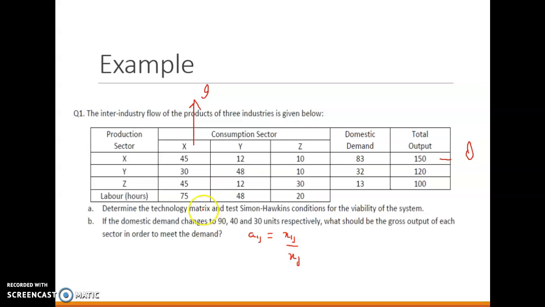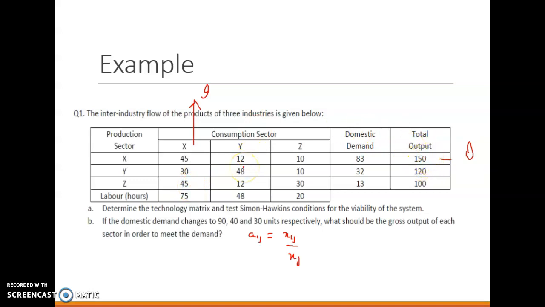So to calculate the A11 element, it is X11 divided by X1, that is 45 divided by 150. Similarly, A21 is X21 divided by X1, so 30 divided by 150. For A31, it is X31 divided by again X1, that is 150.